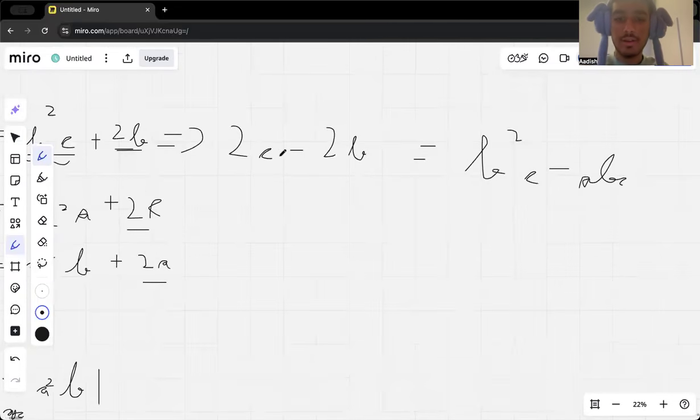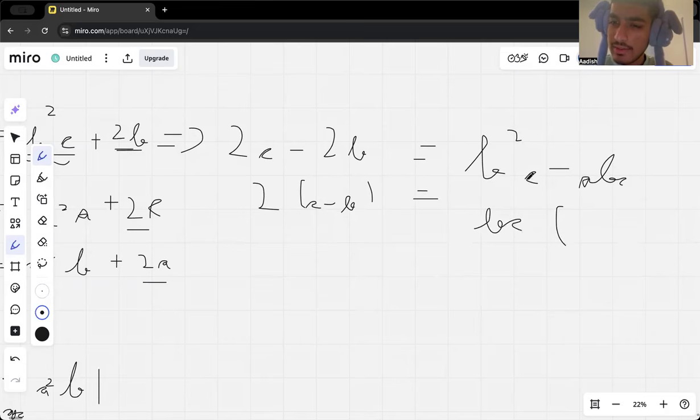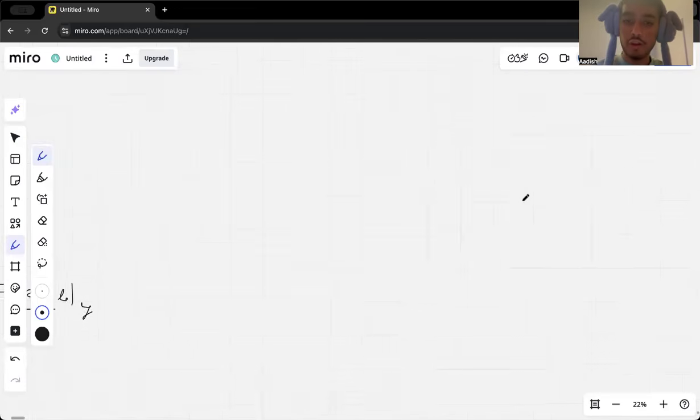Now you'll notice, if you take 2 common here, you'll get a factor of c minus b, which, as you know, we are looking for. And here you can take bc common, and you'll get b minus a, right? Now you notice this is not what we wanted.